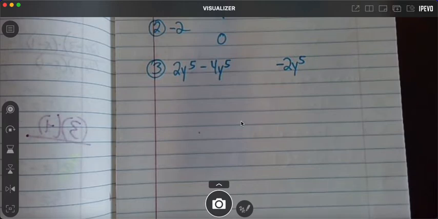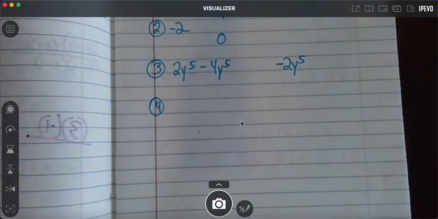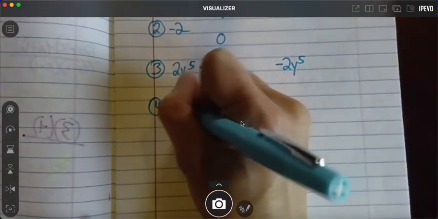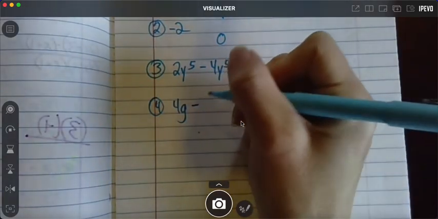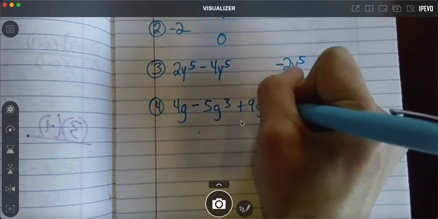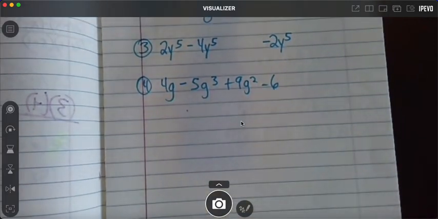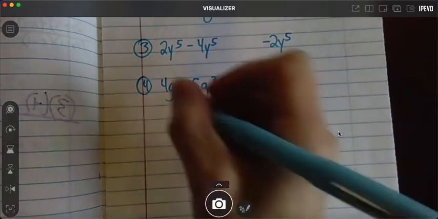Okay. Then number 4. Oh, I'm already ahead of myself. Number 4, it says write it in standard form. Here, I'll just write what they have first. Plus 9g squared minus 6. Okay, they want us to write it in standard form. That just means in decreasing order. So what's my highest exponent? So I'm going to write it first.